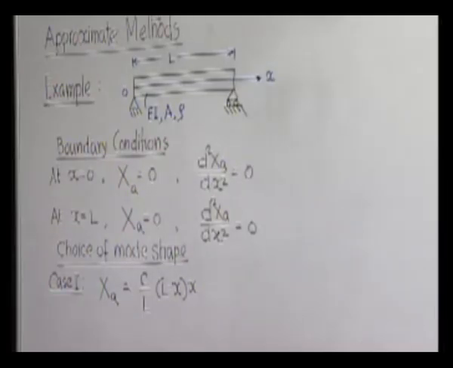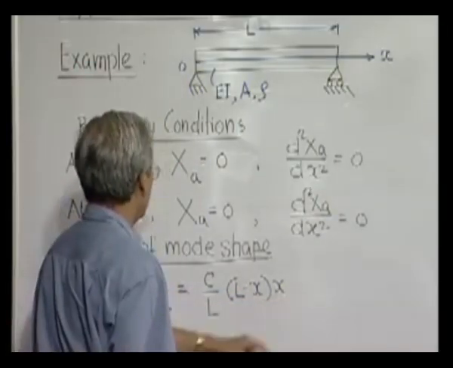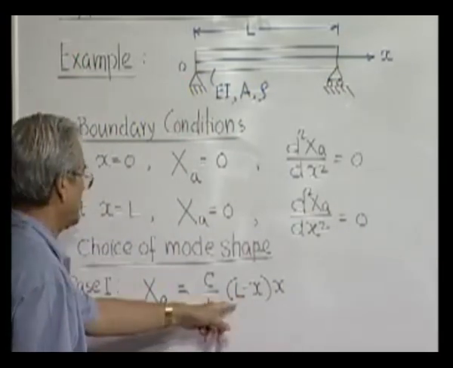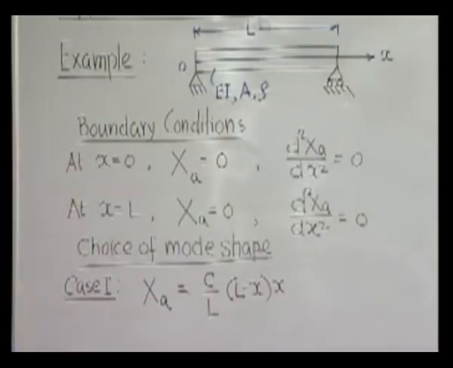If we assume like this, the first boundary condition, that is at x equal to 0, X is 0, that is true. Similarly, at x equal to L, X is 0, which is again true. So the geometric conditions are satisfied.